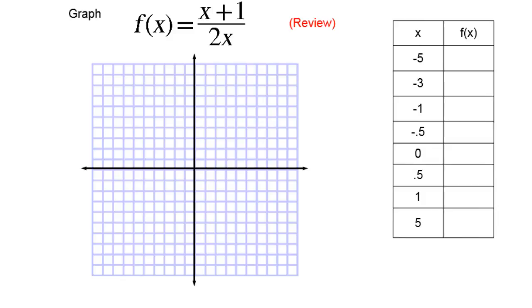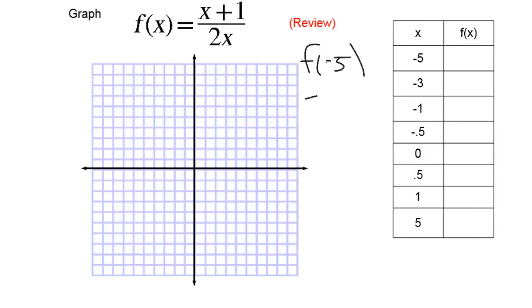The first thing we're going to do is evaluate this function at the given values of x that you see over here on the left-hand side of the table that I put together. So the first thing we're going to do is evaluate f of negative 5. That's a negative sign there.